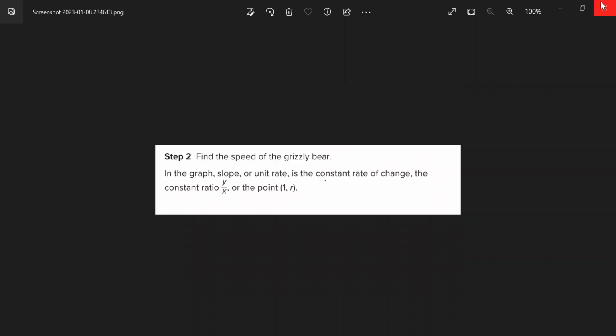It says, method 1, find the constant rate of change. Choose any 2 points on the line, such as (1, 30) and (2, 60), and then find the rate of change between the points. So 60 minus 30 is 30, and 2 minus 1 is 1. That's the first method.